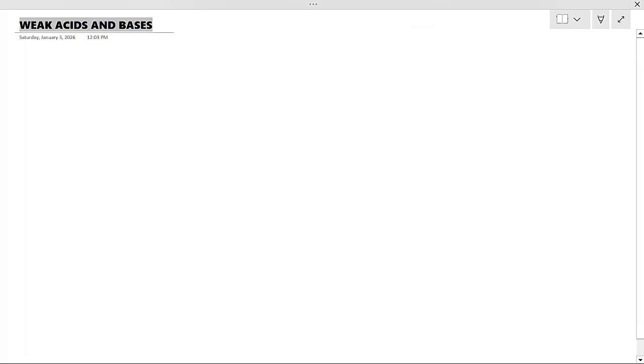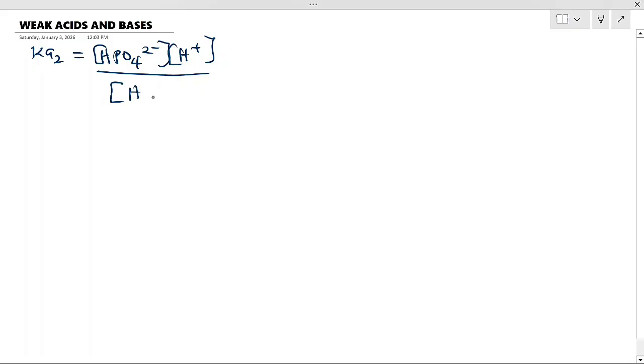Writing out this equation, let me just quickly put it out here again, which is Ka2 is equal to HPO4 2 minus, and we say this is 1.38 times 10 raised to the power minus 7.